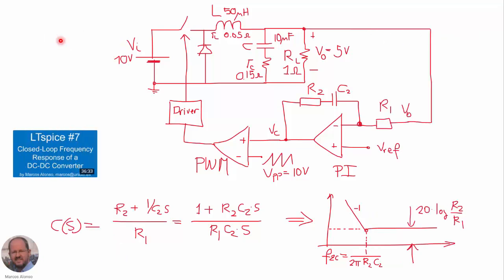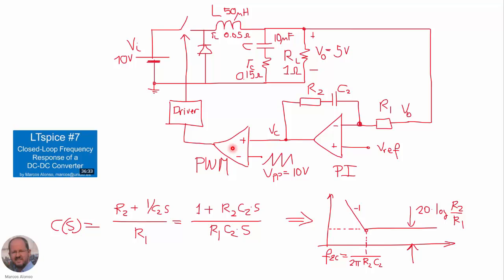So this is the converter that we have been using in these previous videos. It's a buck converter. Here we have all the information. We are measuring the output voltage. We are using here a PI compensator to operate the converter in closed loop.